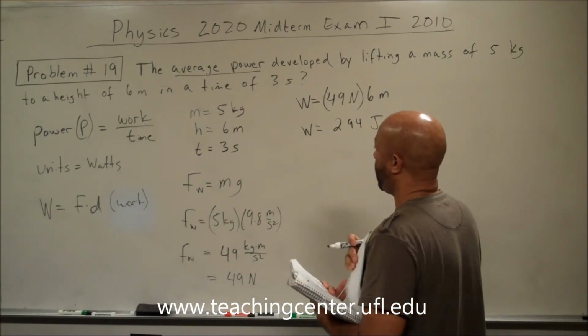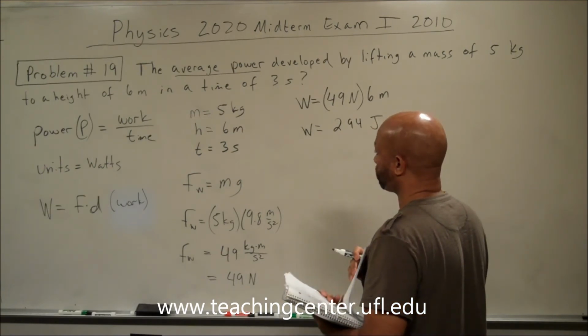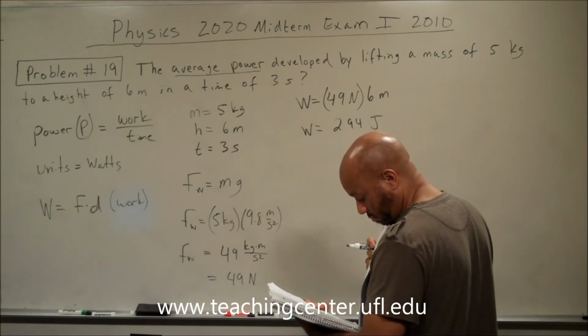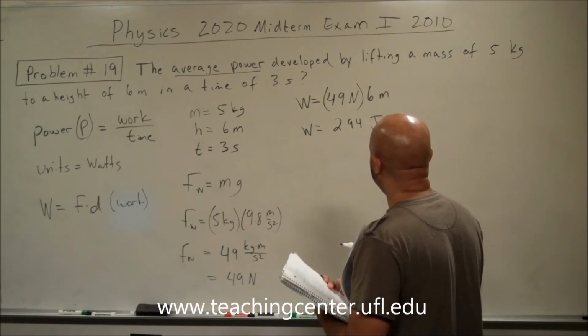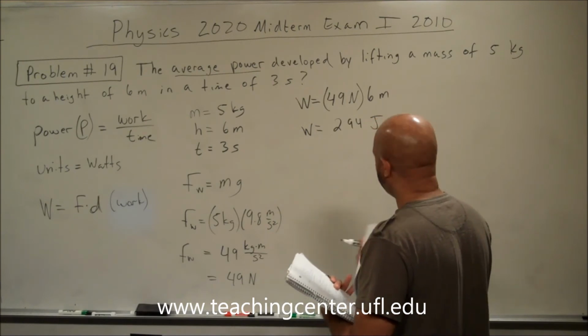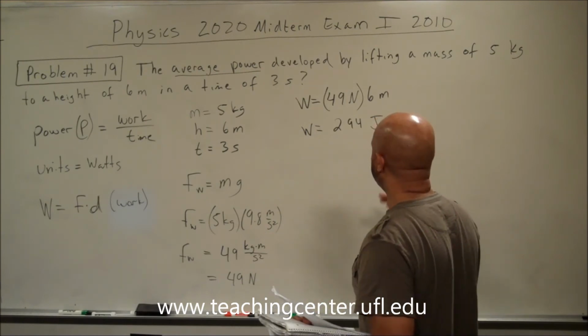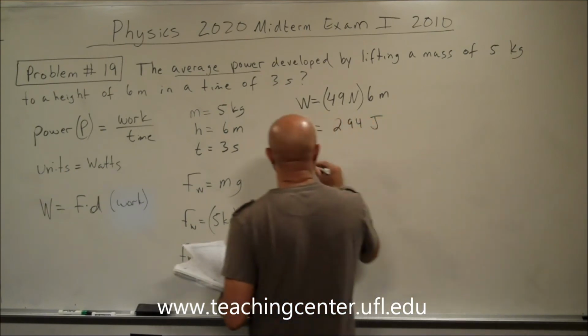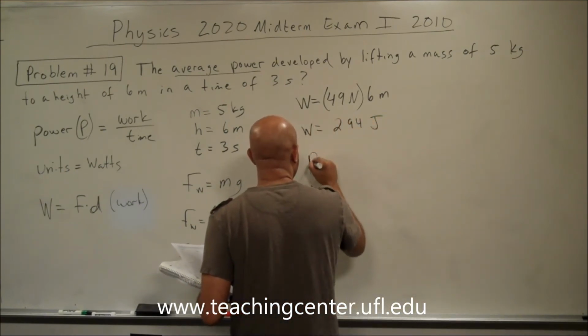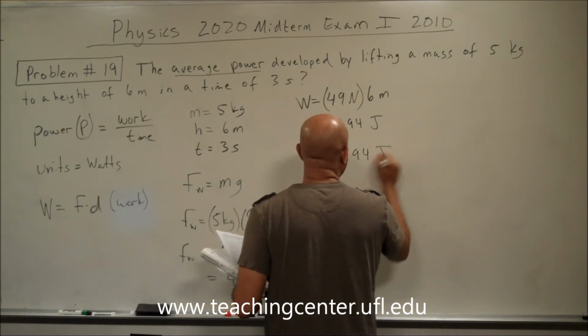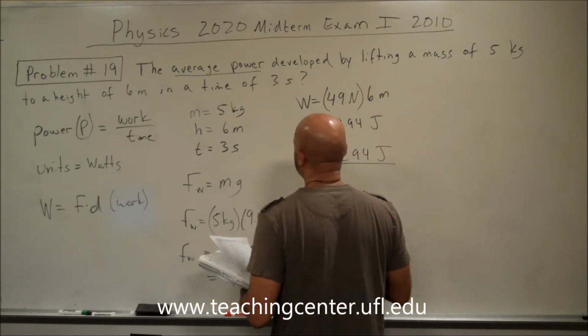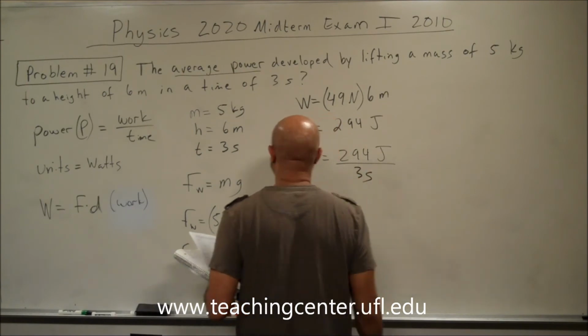Okay? Now all we need to do is divide this work by the time. So the power now is equal to 294 joules divided by the time, but the time is 3 seconds.